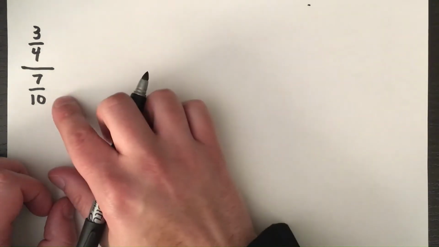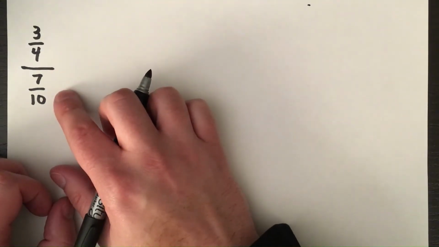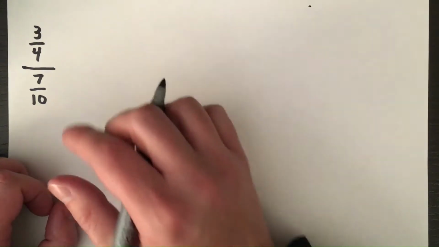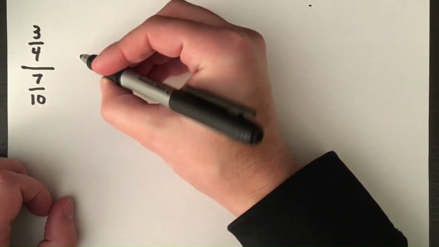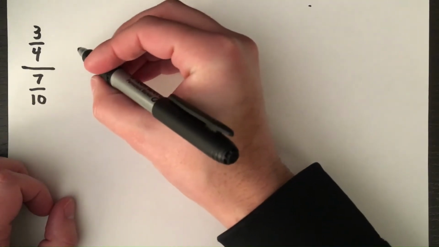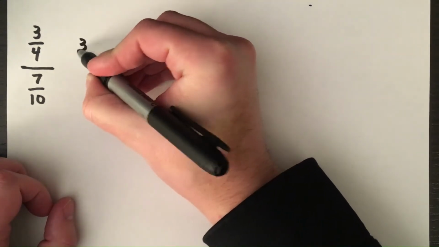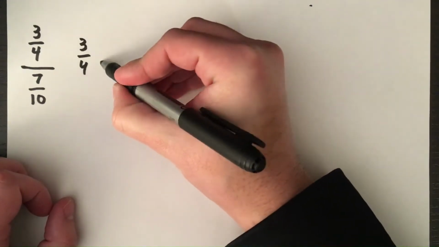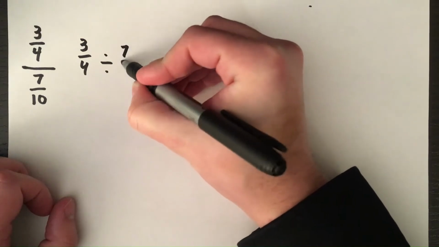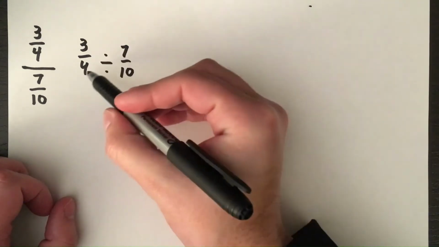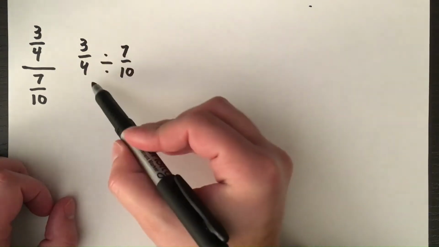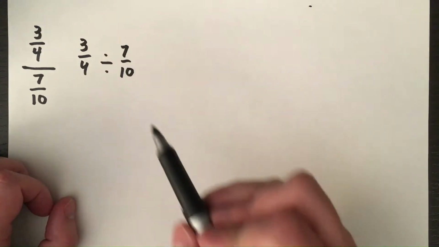So we start out here, and the first thing you want to do to make this a little bit easier is write this out a different way, a more linear way. So I'm going to write this out as 3/4 divided by 7/10. And this is the same thing as this. We're just writing it out this way.